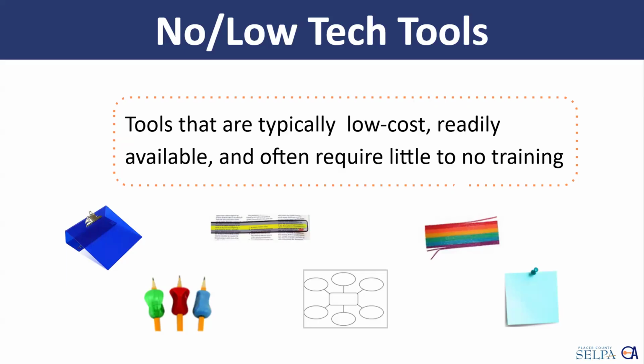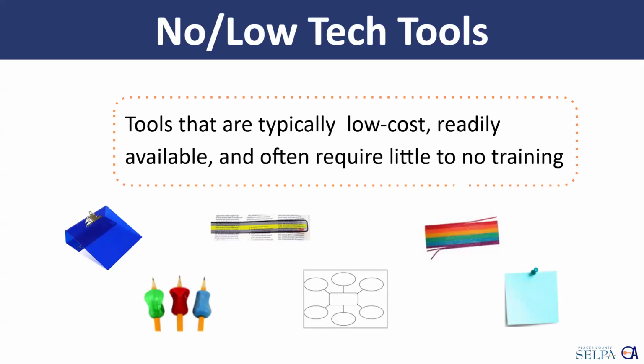These tools are a great starting point when considering both a universal design for learning perspective and an assistive technology perspective. They are useful options for all students and essential for some who rely on them to access the curriculum. Because they're inexpensive and easy to acquire, they're often the first place we look when problem-solving tools are needed.